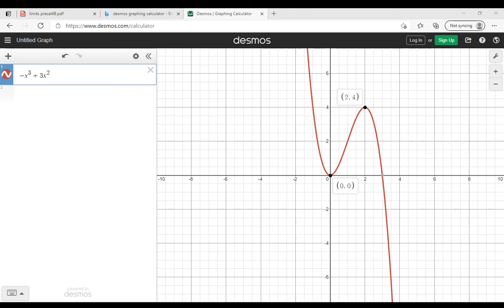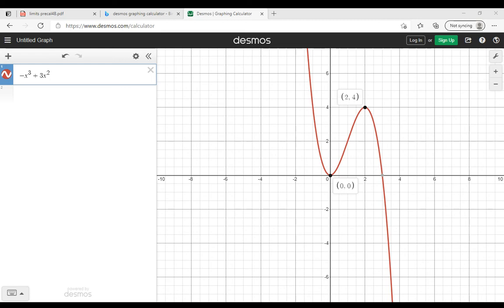But our range is going to be different, because what do the ends of a positive x to the 4th graph do? Do they both go up? Do they both go down? Do they go opposite directions? What do positive x to the 4ths do? They both go up. So the left side goes up and the right side goes up.